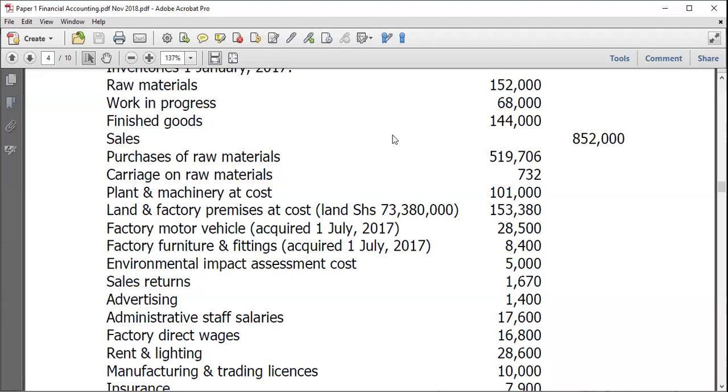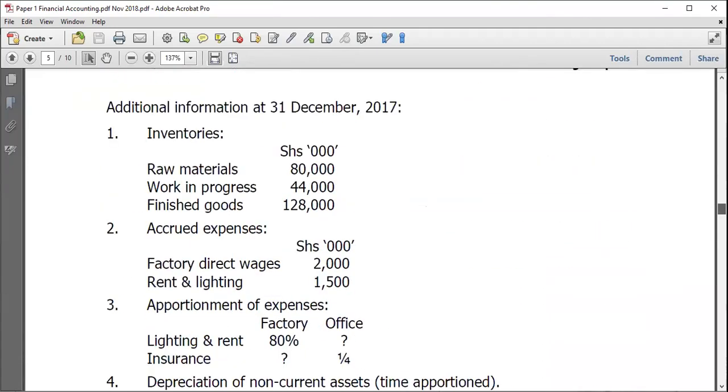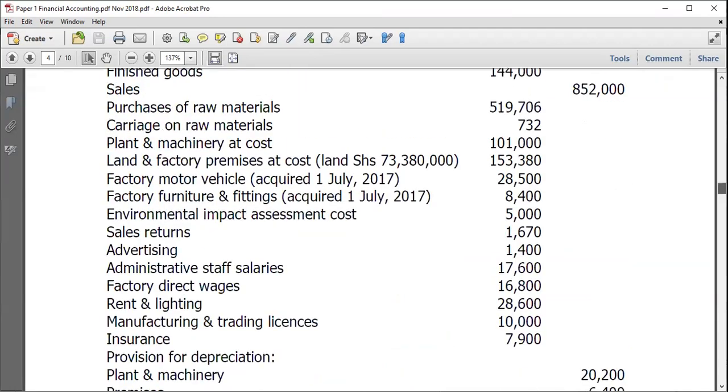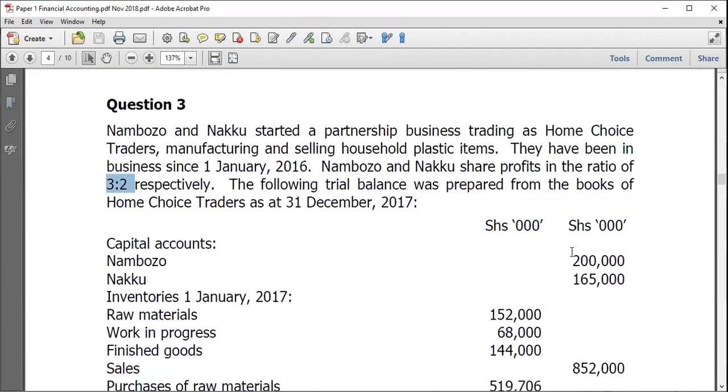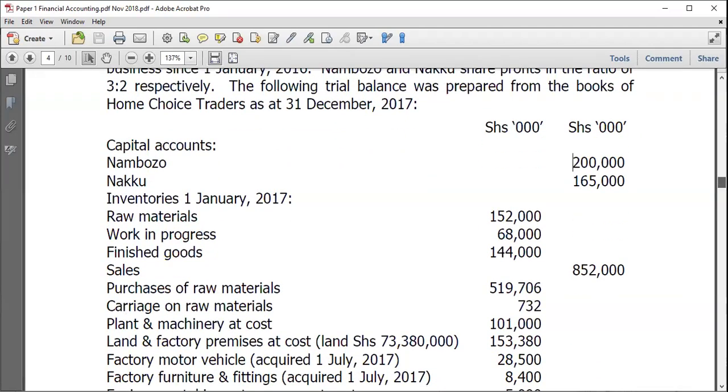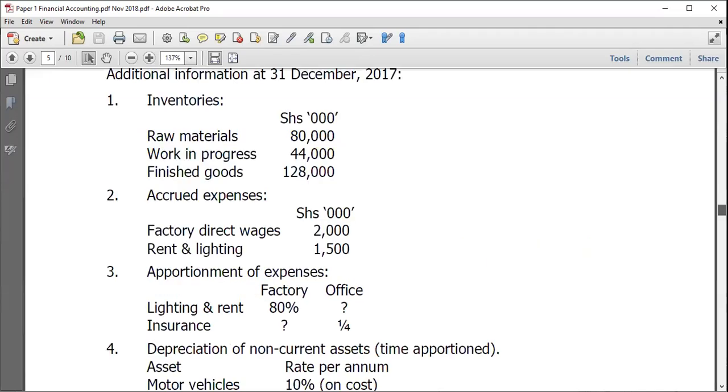Just draw it in the same way. Put fixed assets where they're supposed to be, put current assets where they're supposed to be, and equity. And when you come to equity, you just put capital, the capital as it is for Nambozo and Naku. And then you put other elements of equity. You put reserves, which you have already put, the reserves for purchase of the fixed asset.